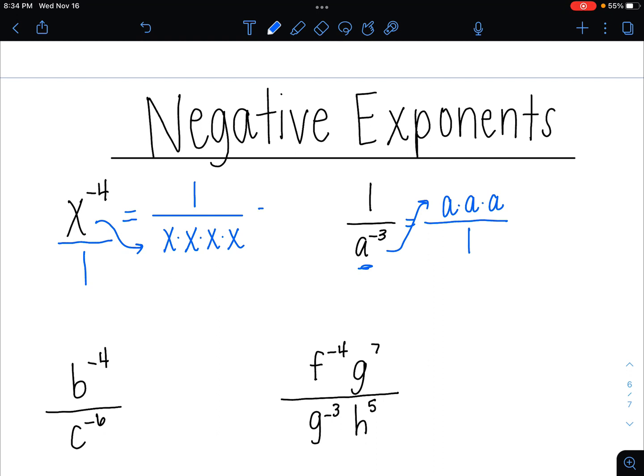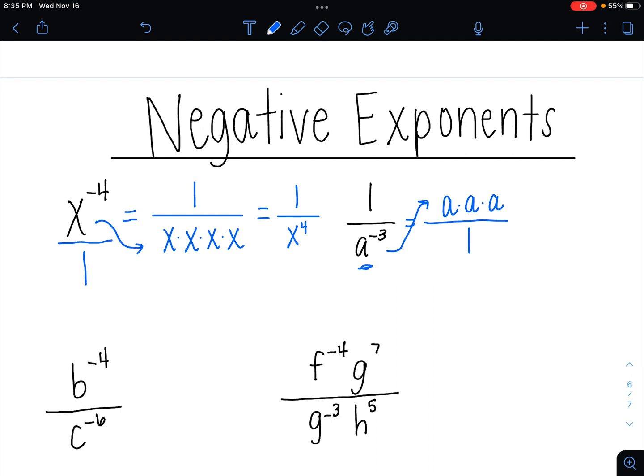Now, I forgot to simplify here. When we are working with exponents, our goal should always be to get rid of the negative exponent. So when we're asked to simplify, when we're asked to evaluate or to solve or to use the laws of exponents, we want to get rid of those negatives. So our simplified answer without negative exponents here is going to be 1 over x to the power of 4.